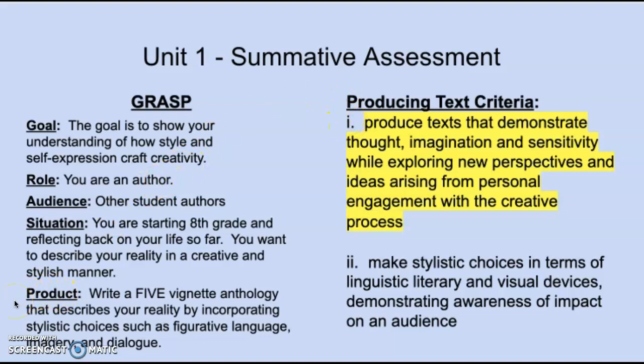Remember that the GRASP includes the product, which is your final product, which is to write a 5-vignette anthology that describes your reality by incorporating stylistic choices such as figurative language, imagery, and dialogue. There are two strands to the criteria for producing text for this unit. We've been focusing on the second strand the last lessons, but for this lesson, we'll be working on this.